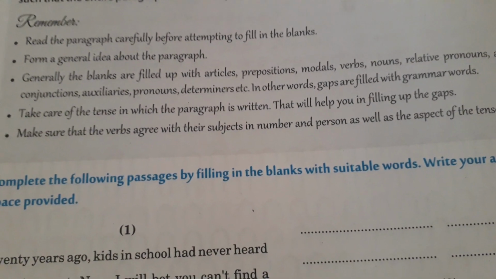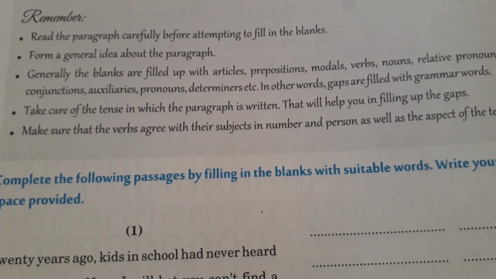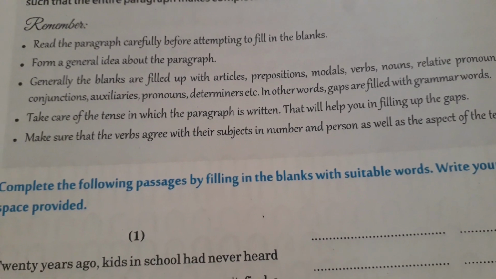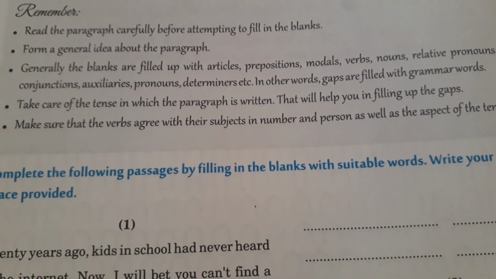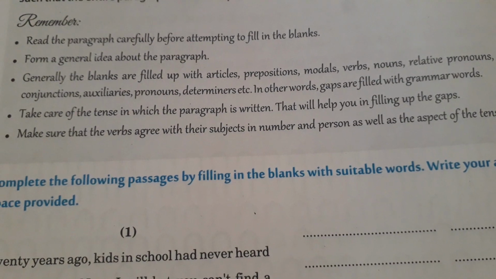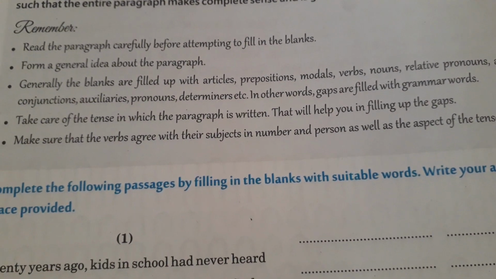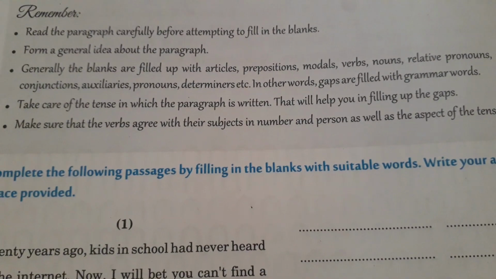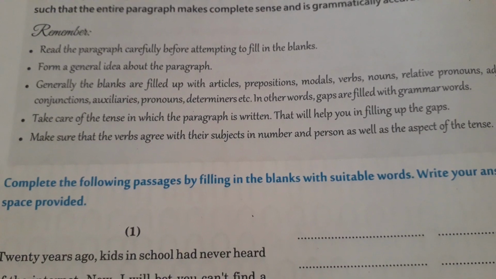Conjunctions. Conjunctions are the words that join two words, two phrases, two clauses, two sentences. They may be of the same type, they may be of the opposite type. They may be cumulative as well.